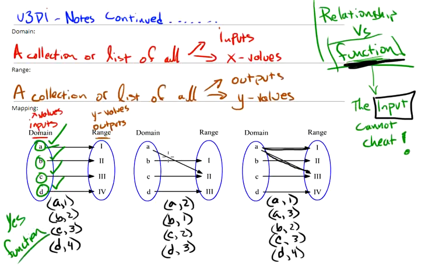Okay? Let's come over here. Let's test only my inputs. A has one arrow, so A is good. B has one arrow, so B is good. C has one arrow, so C is good. D has one arrow, so D is good. Now you might be saying, whoa, what about this guy? He has 2 arrows.